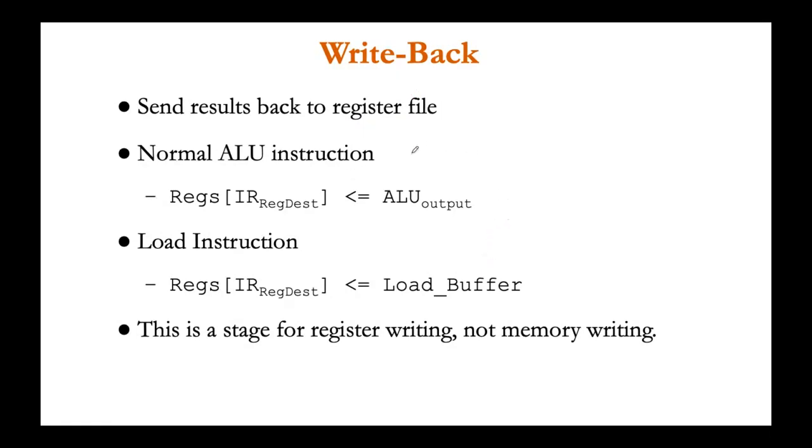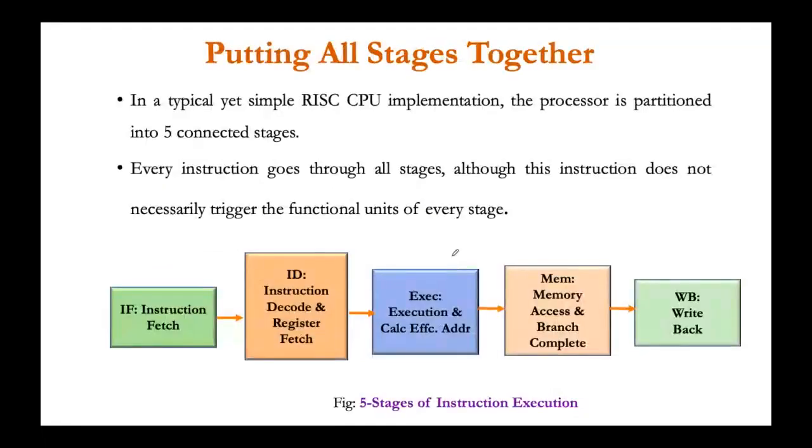Normally this is used for ALU instructions: the ALU output goes and is stored in the register. If it is a load instruction, a memory instruction, then from the temporary buffer it is stored into the designated registers. So this is a stage for register writing, not memory writing. Here we use only registers. In memory writing, it goes and stores into the memory.